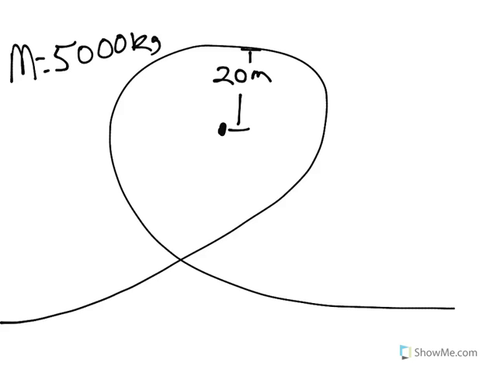Well, the very minimum that it could possibly have would be at this point, the only force acting on it was the force of gravity. If the only force acting on it at that point is the force of gravity, then it keeps in the circle. But normally if it's going in the circle, there's going to be a force of gravity and a little bit of a normal force coming down from the track in order to keep it in the circle.